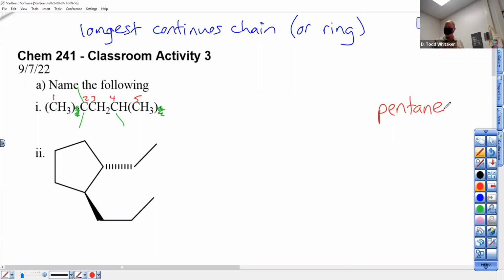And then there's propane for 3. And then butane for 4. And the one that seems to stick with more students than not is me peanut butter. Me is 2 letters, meth and E. Methane, ethane, peanut butter. Propane, butane.